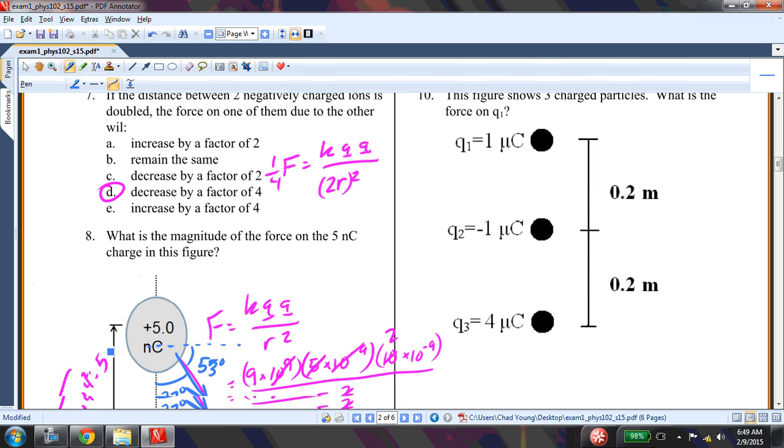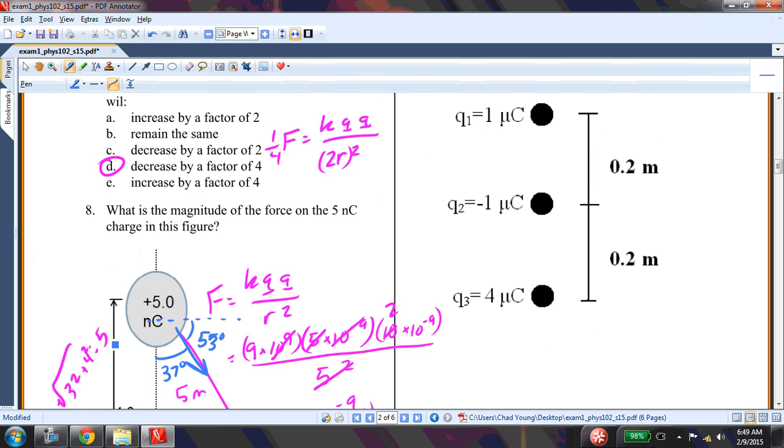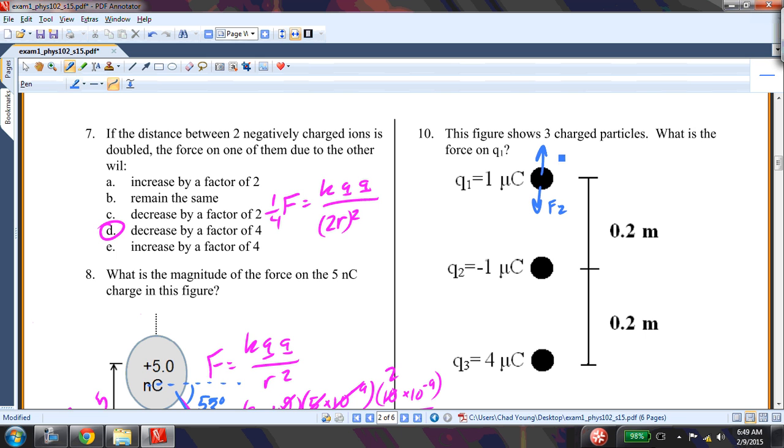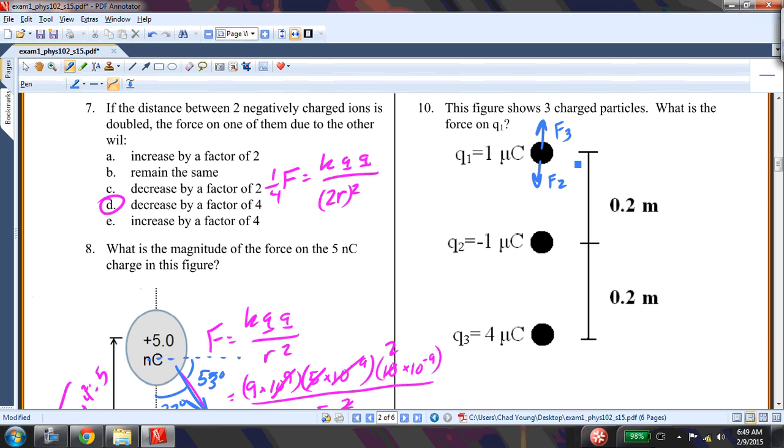Okay, what is the force on Q1? Let's see. So I have 2 forces acting on this. Due to Q2, it's in this direction. I'll call that F2. And then Q3, it's in this direction. I'll call that F3. Let's just work it out, and then I'll show you.